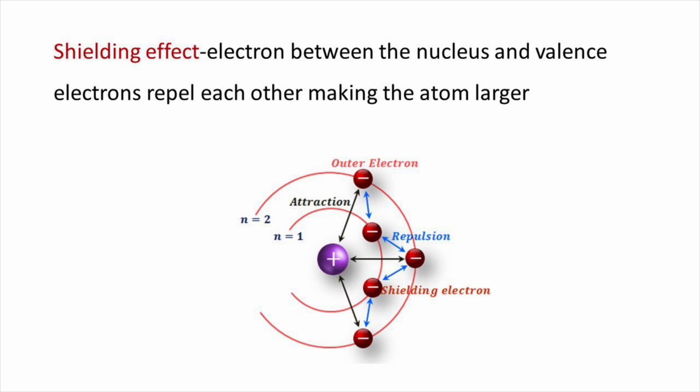Shielding effect is the shielding of outer electrons by inner electrons, which prevents outer electrons from feeling the effective nuclear charge. That is, electrons between the nucleus and valence electrons repel each other, making the atom larger.